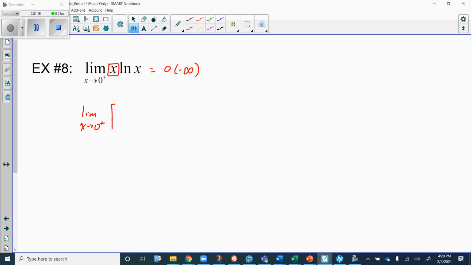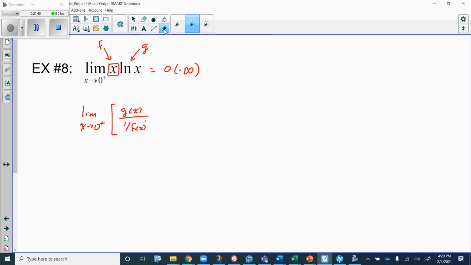And what I'm going to do is, let's see, how do I want to think of it? We can think of this one here as f, and we can think of this function here as g if we need to classify anything. So here I'm going to say g of x over 1 over f of x.